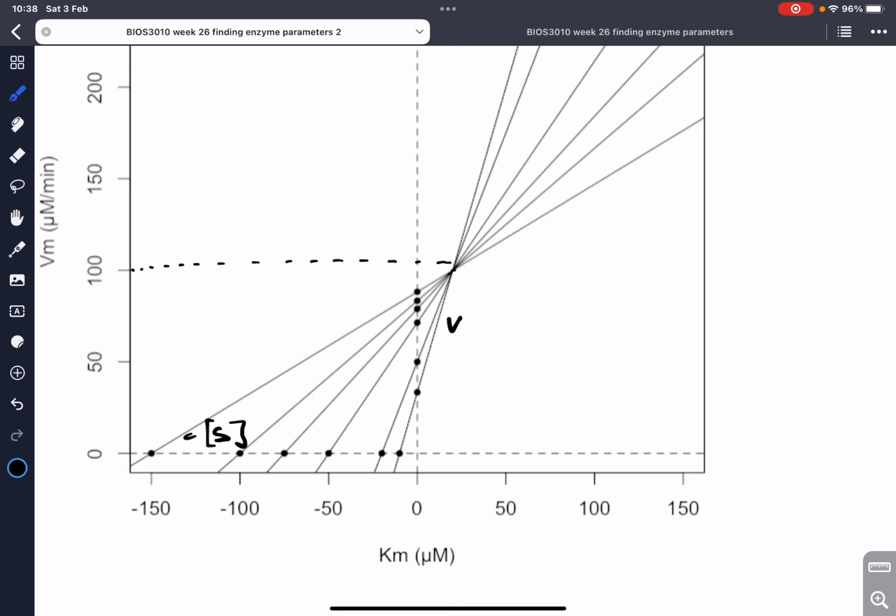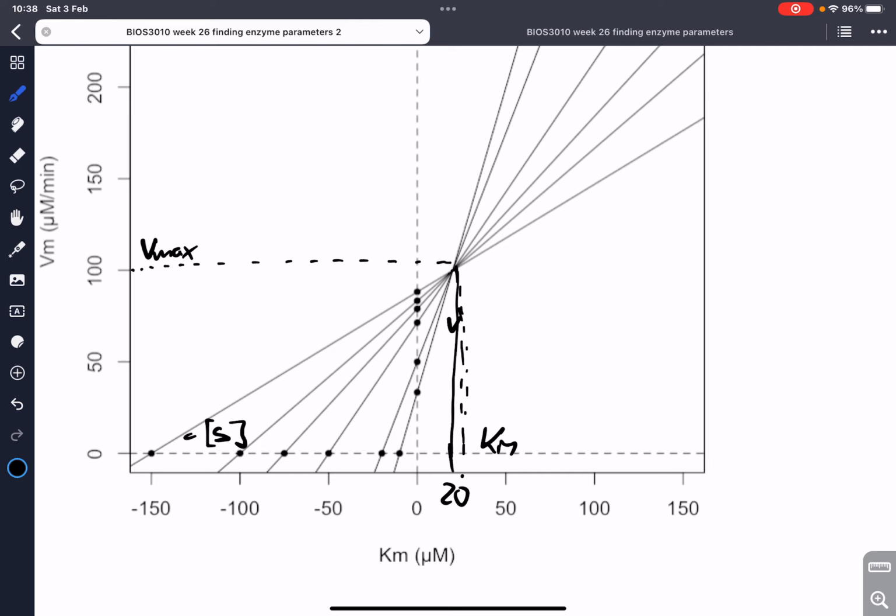And if we take where they meet, that is our Vmax value. And the corresponding Km is probably somewhere here. Not drawn very nicely. Say that would be our Km of 20.